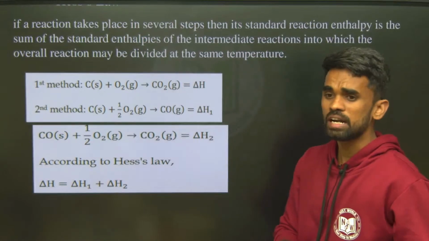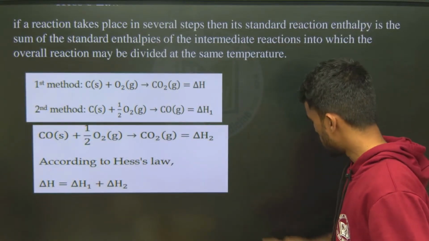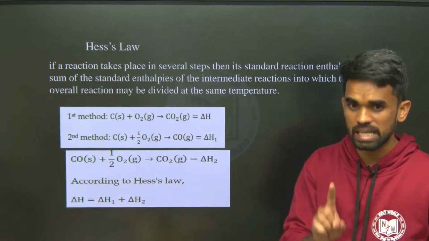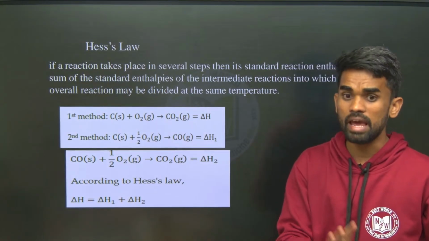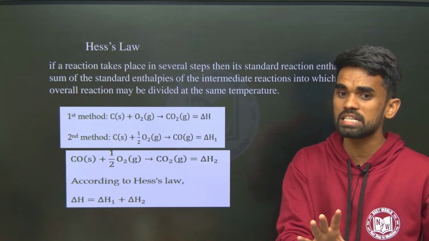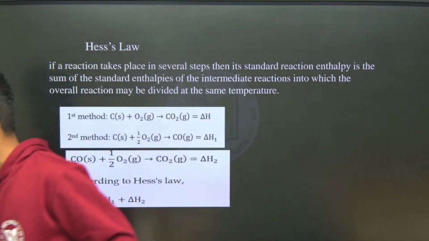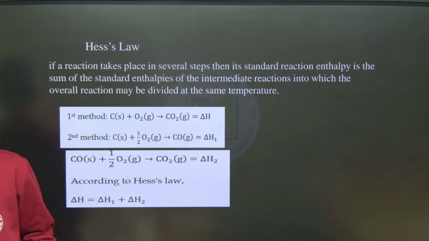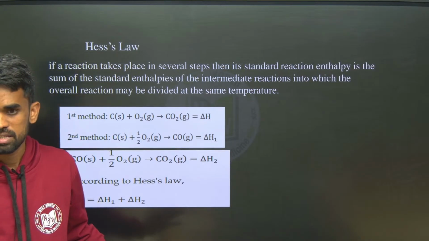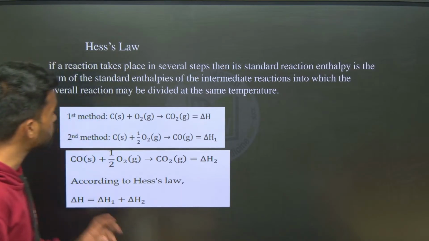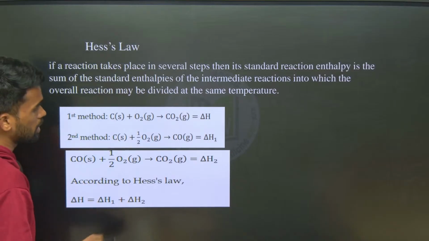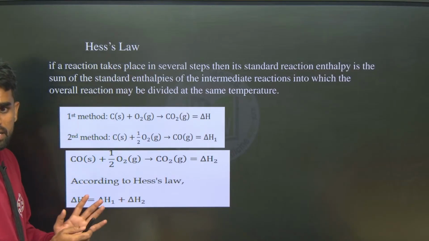Hess's law. So what does Hess's law mean? Some reactions may take place in more than one step. Whatever way it is undergoing, whether a reaction takes place in one single step or in multiple steps, the enthalpy change for that particular reaction will be the same. Whether it happens in a single step or multiple steps, the enthalpy change will be the same. So the formation of CO2 can happen in multiple steps or in a single step.